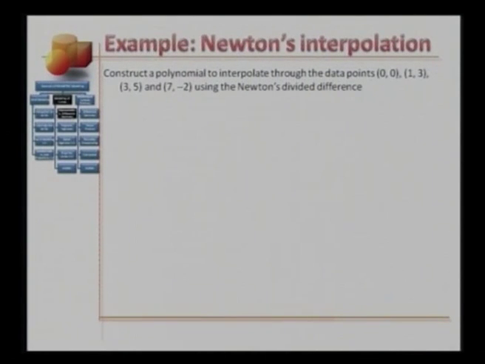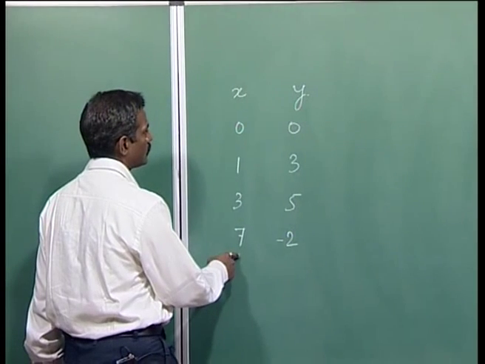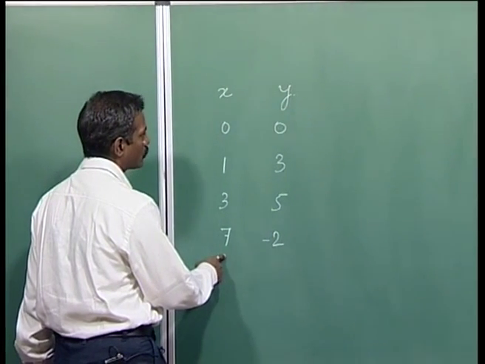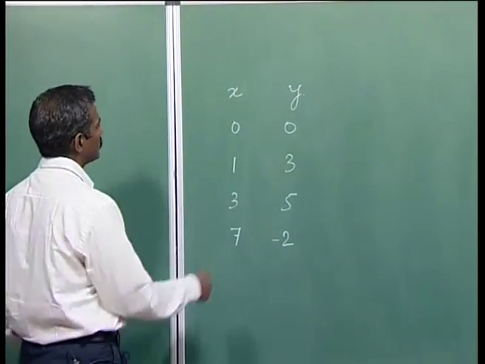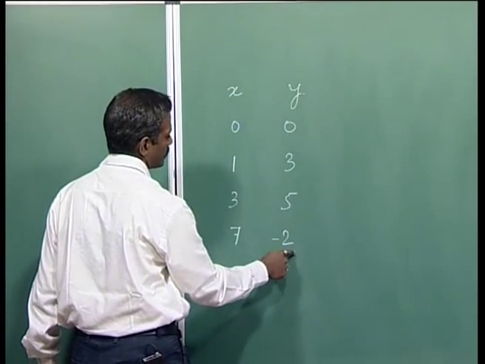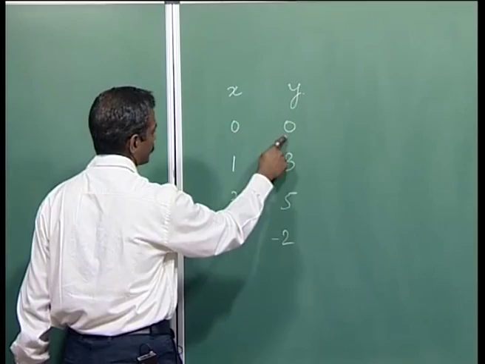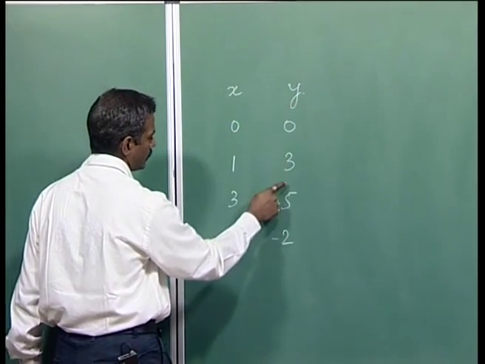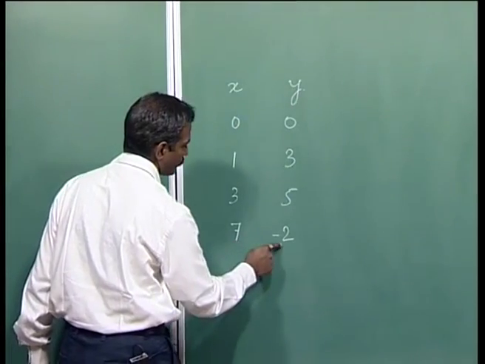I'll show this on the board. We compute the divided differences, or the unknown coefficients, column-wise. The first thing we do is arrange all the abscissa and ordinates into columns like this. The first point is 0, 0. The second point is 1, 3. Third point is 3, 5. The fourth point is 7, minus 2.